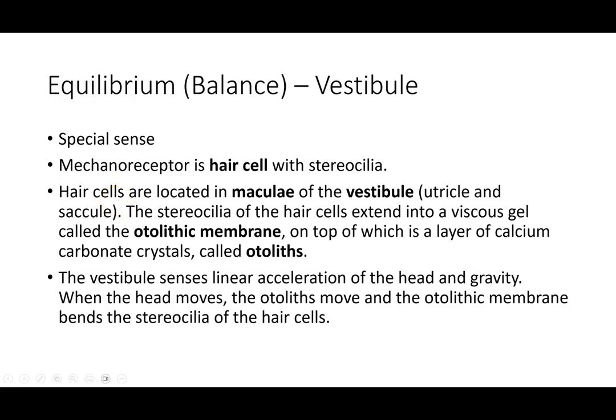So these stereocilia in this region are going to extend up into a very viscous, thick, gel-like substance called the otolithic membrane. This is on top of a layer of calcium carbonate crystals called otoliths. So the otoliths make this membrane very, very top heavy.